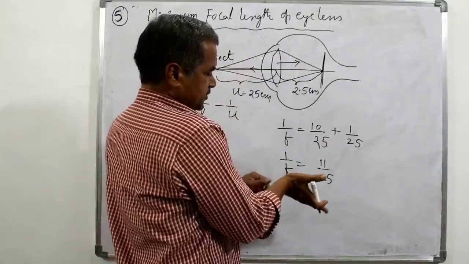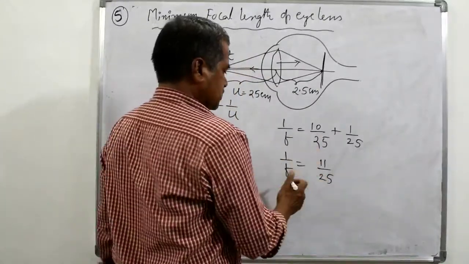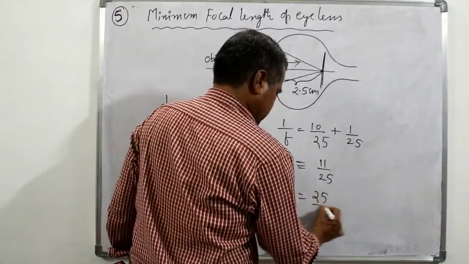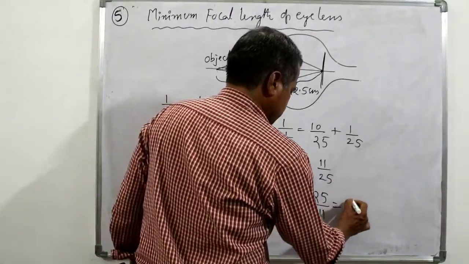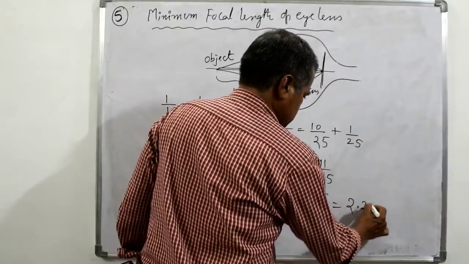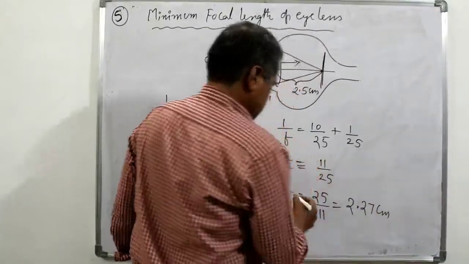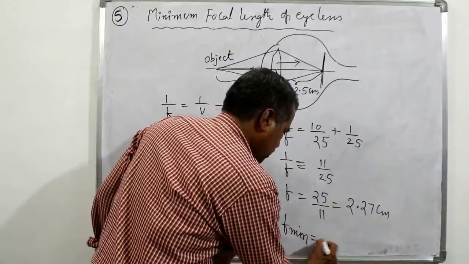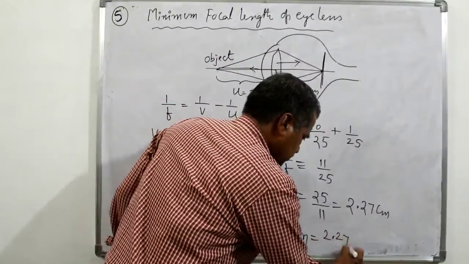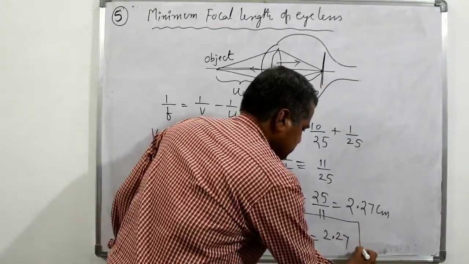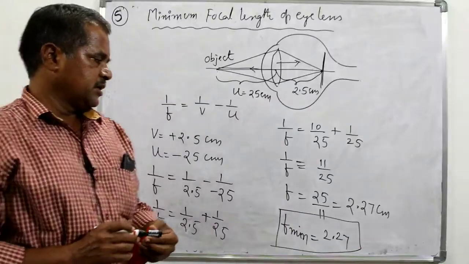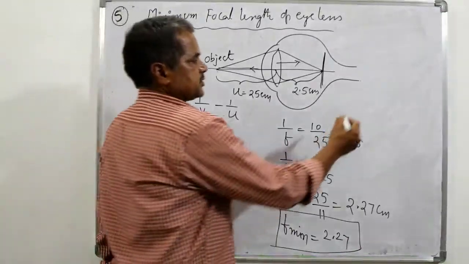Taking the reciprocal on both sides, we get f is equal to 25 by 11, which is equal to 2.27 centimeters. So this is the minimum focal length of the eye lens when we see objects placed at near distances, or at the least distance of distinct vision.